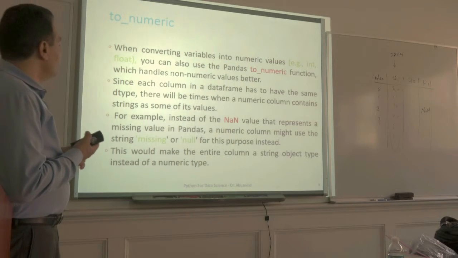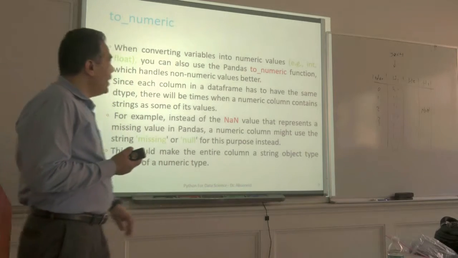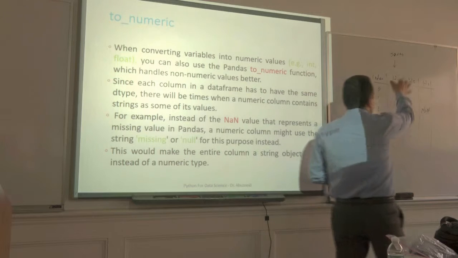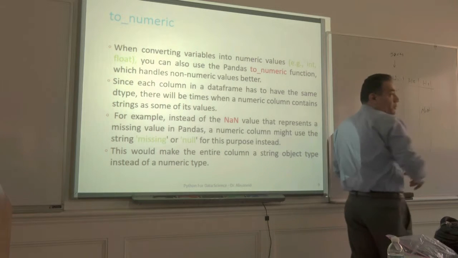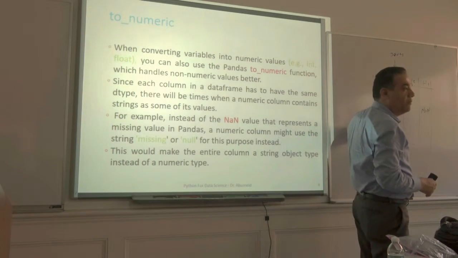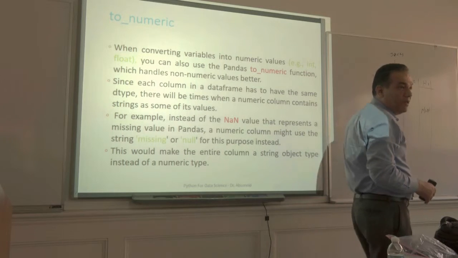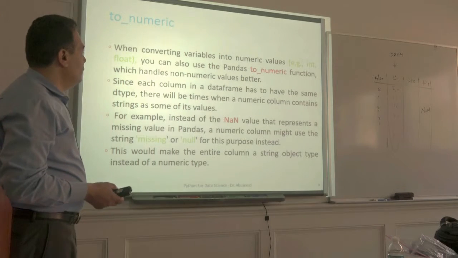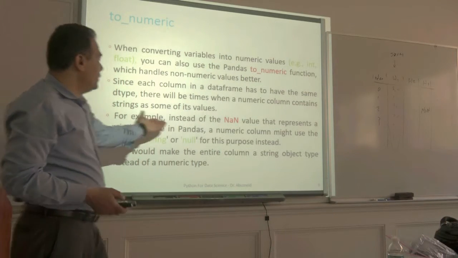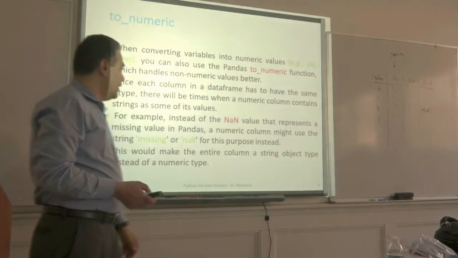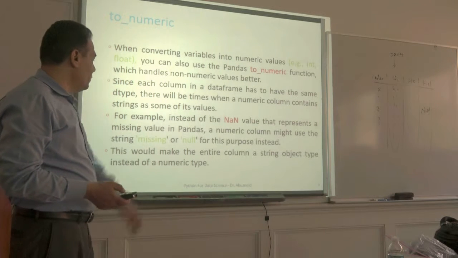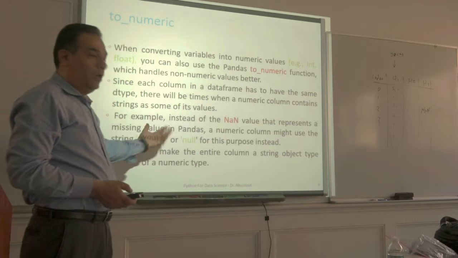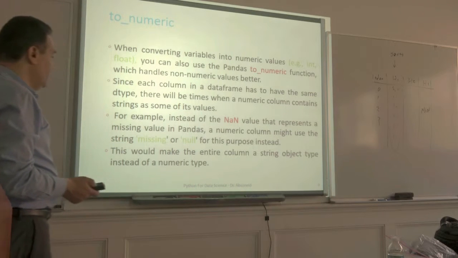Since each column in the data frame has to have the same data type, sometimes we have a problem with NaN, or not defined values, none. Instead of the NaN value that represents a missing value in pandas, a numeric column might use missing or null or whatever that could be.